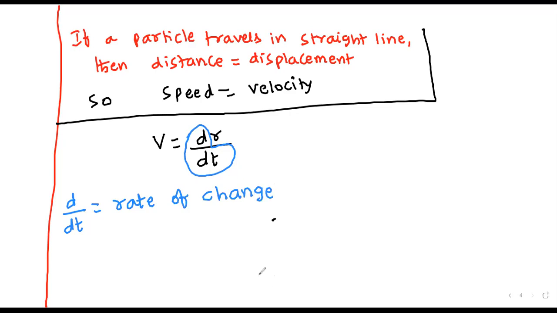If any physical quantity is varying with respect to time, then we call it the rate of change of that quantity. Suppose r is displacement, and displacement is varying with respect to time.